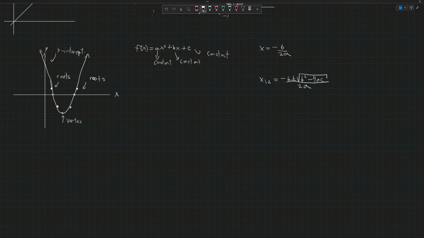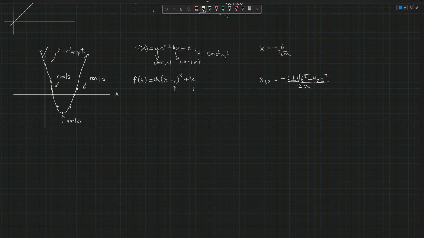Now, what's really interesting is that this shape of the parabola could also have this form, plus k, where h is how many units it's shifted to the right. If this is plus, that means it's moving to the left. If it's negative, it means it's moving to the right.